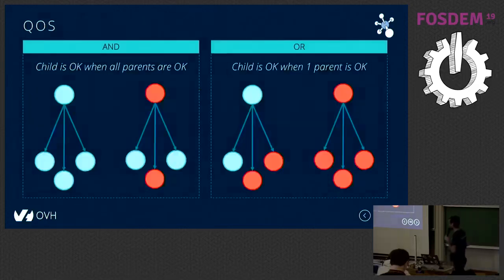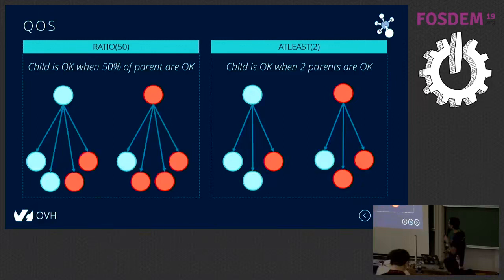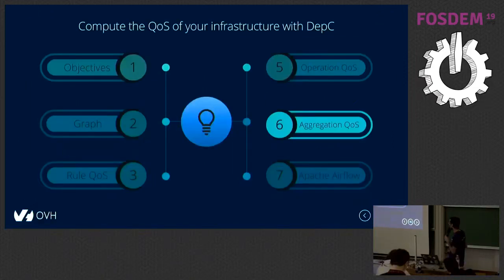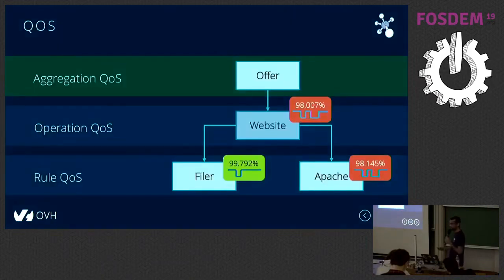Okay, so we also have the OR operation available in DEPC, and the ratio and the at least operation. Now the aggregation QoS is for the offer, because sometimes we don't want the AND or the OR, the at least, and the other operations that I showed you.